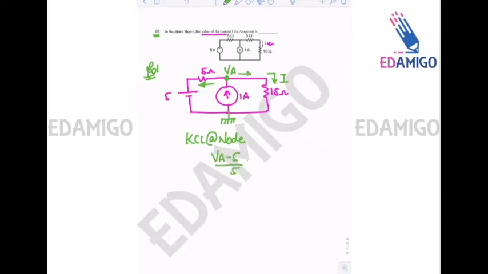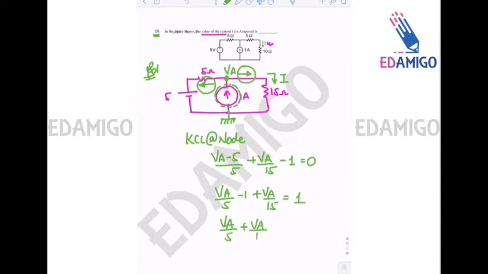The current in this branch is VA divided by 15. Since these two currents are outgoing and this is the incoming current, we get (VA minus 5) by 5 plus VA by 15 minus 1 equals 0. So VA by 5 minus 1 plus VA by 15 is equal to 1, that is equal to 2.